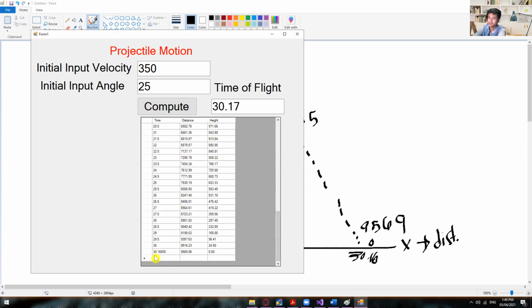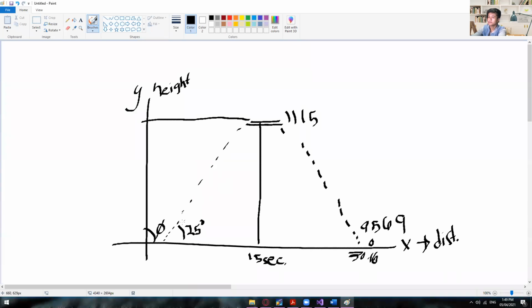The total time of flight is 30.16655. If you convert that into decimals, you have to round up the 6 into 7, so 30.17. So yeah, you can come up with a program that can calculate basic physics problems like this one.